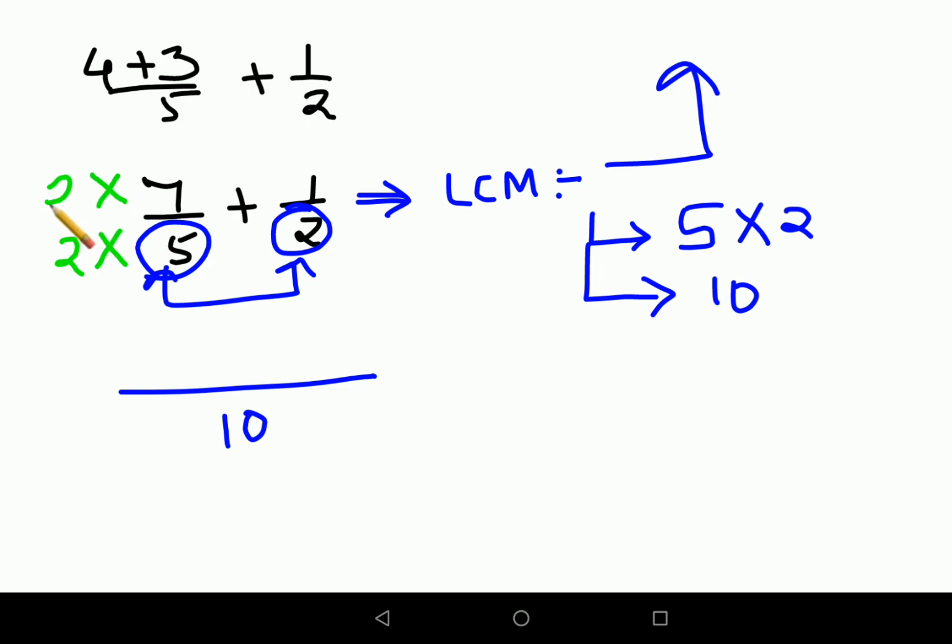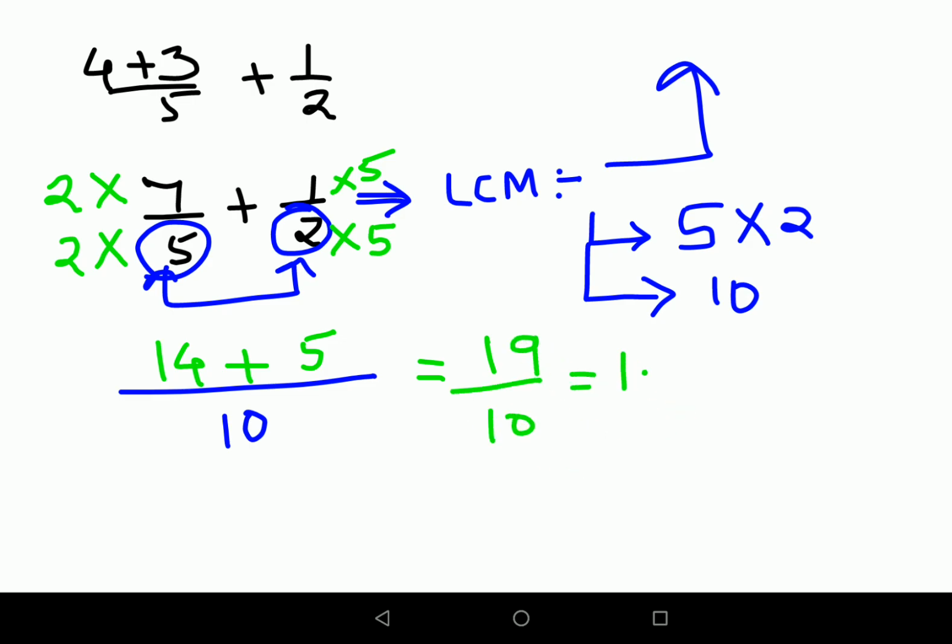So here also I'll multiply by 2. So 7 into 2 gets you 14. Plus, now 2 gets multiplied by what to get you 10? 2 gets multiplied by 5. So here also you will get multiplied by 5. So you will get plus 5. So now final answer is 19 upon 10. That is nothing but just 1.9. That, my dear friends, is the answer for this particular question.